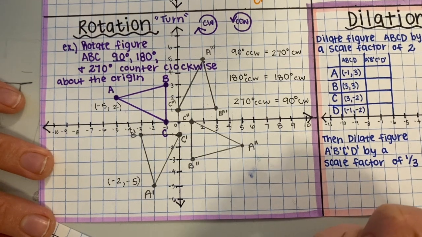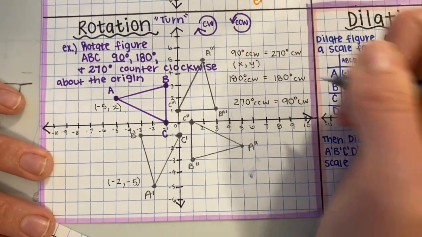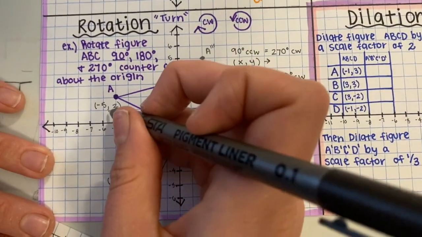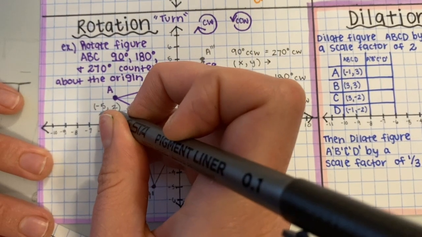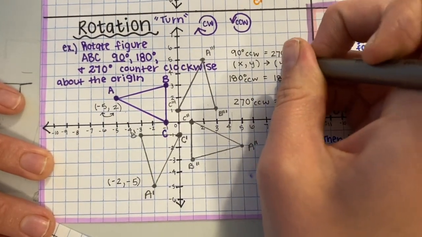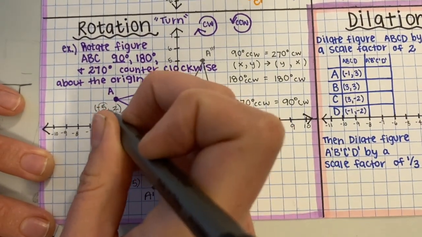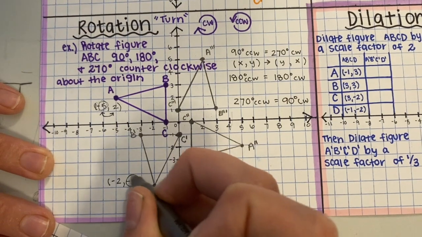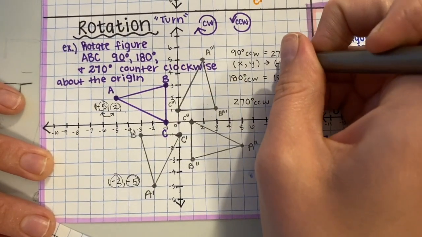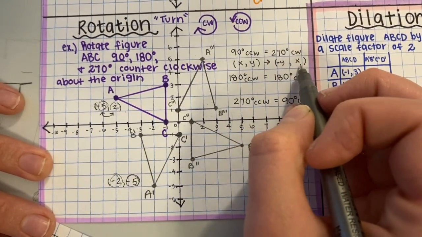So what happens here, if we have coordinate x, comma, y, is they are switching spots. So x goes to where my y is and my y goes to where my x is. The x value keeps its sign, but y gets the opposite sign. So xy becomes negative yx.